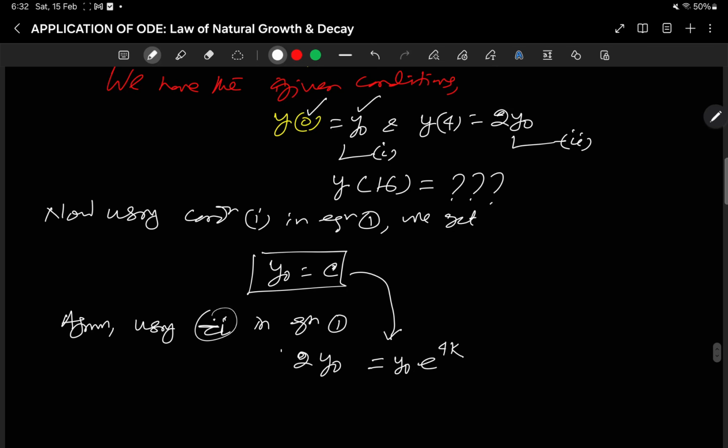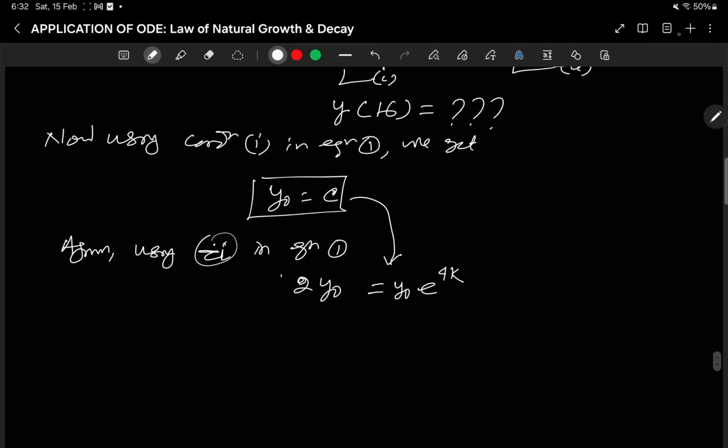So if I simplify, y0 cancels both sides, e to the power 4k is equal to 2. So that means my e to the power k is 2 to the power 1 by 4. So this is the value of e to the power k.